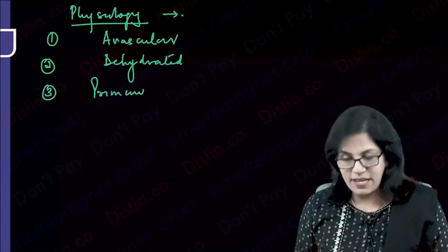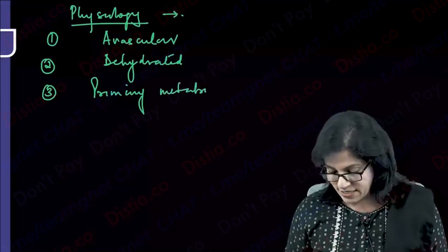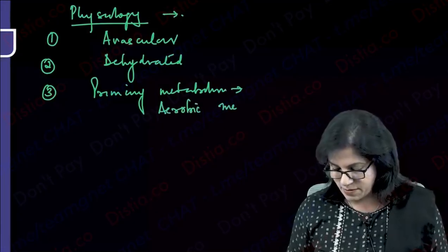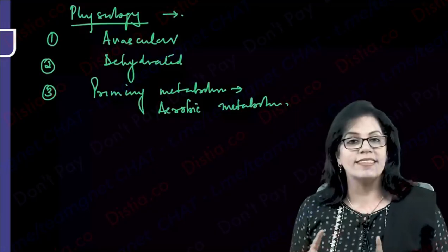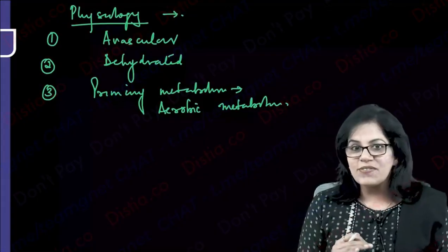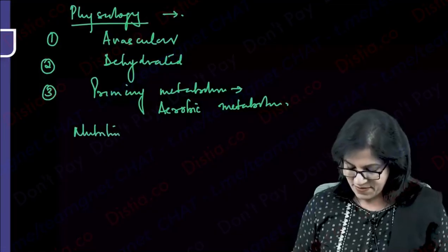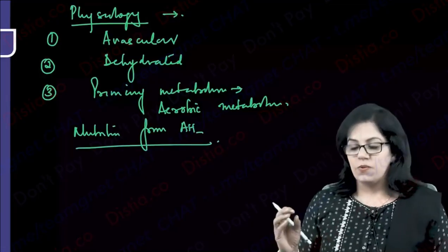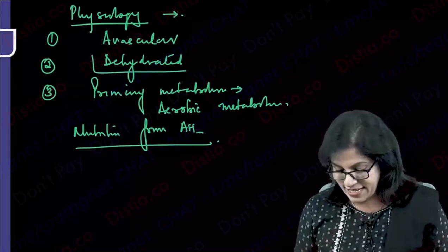Both are there, but your answer this time should be aerobic, not anaerobic. Aerobic metabolism is the primary. In the lens, it was anaerobic; here, you should answer aerobic. From where does it get the nutrition if it is avascular? We have learnt it: nutrition from aqueous humor.